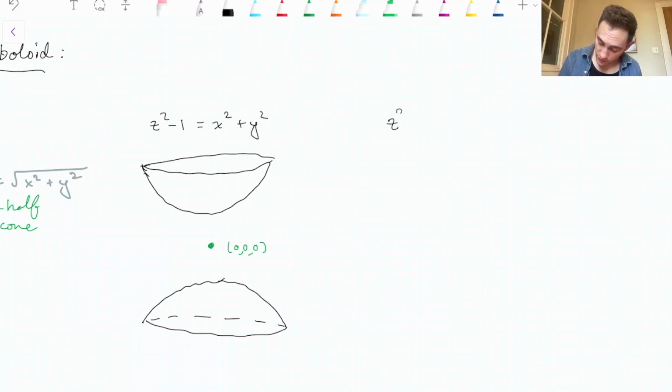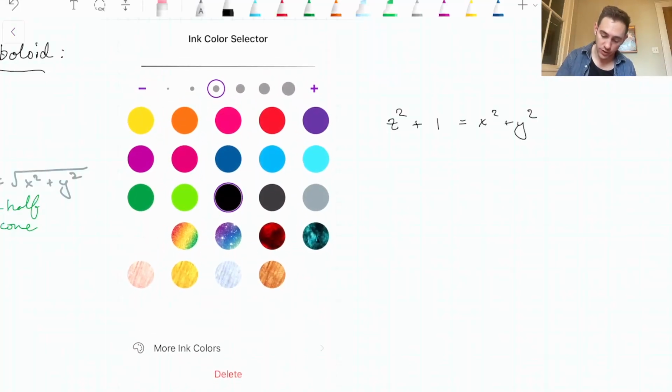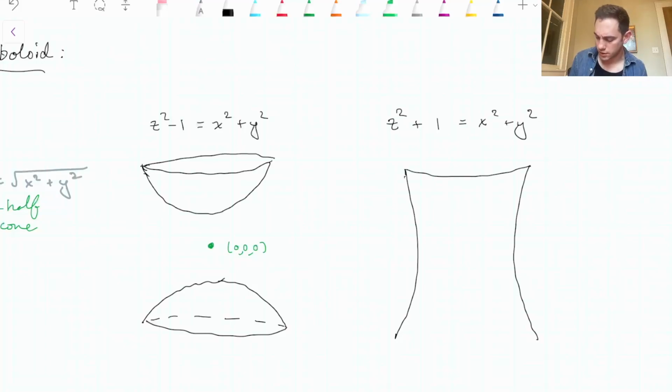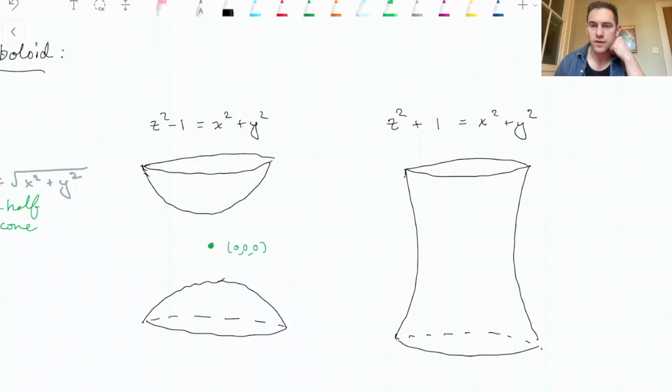And similarly, if I were to say z squared plus 1 equals x squared plus y squared, this creates what we call a hyperboloid of one sheet. This is the iconic nuclear cooling tower shape. It's actually exactly what that shape is. It's a very stable structure and a very simple one to construct for some odd, interesting geometrical reasons.